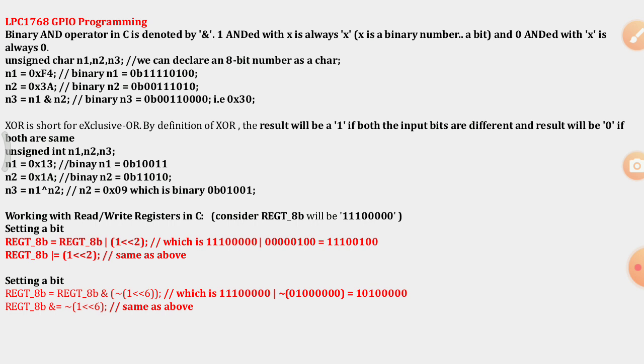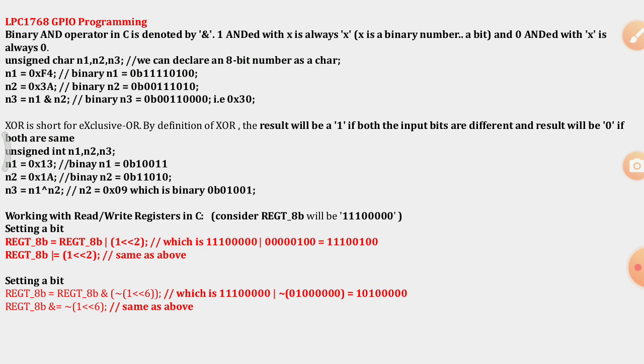The XOR operation is an exclusive OR operation. By the definition of XOR, the result will be 1 if both inputs are different, and the result will be 0 if both inputs are the same. So let us take an example, n1, n2, n3. Again, n1 is 0x13, n2 is 0x1a.